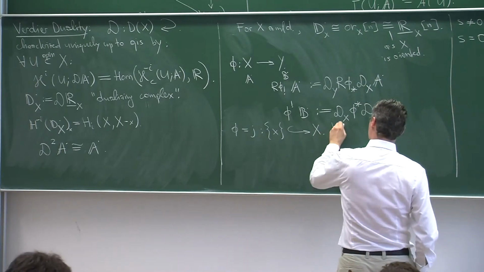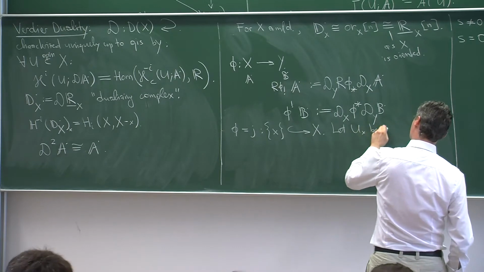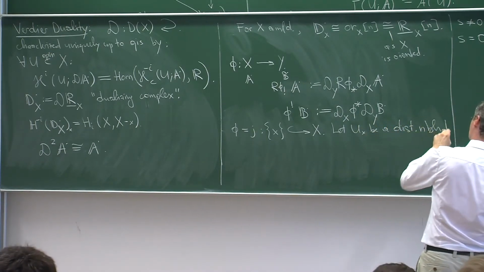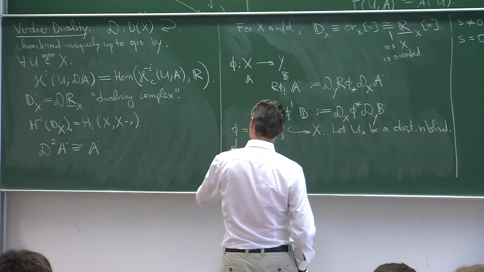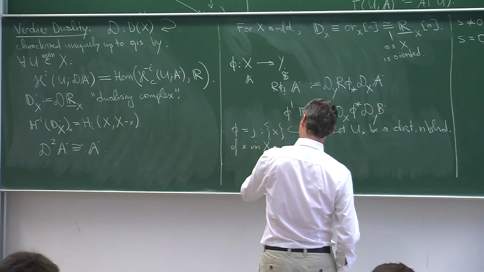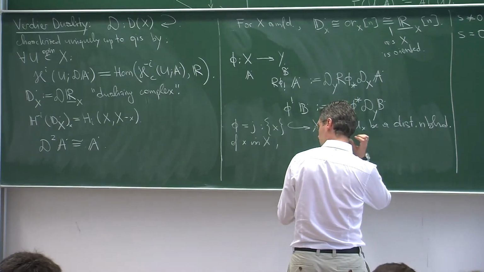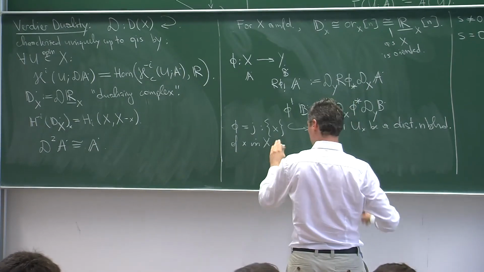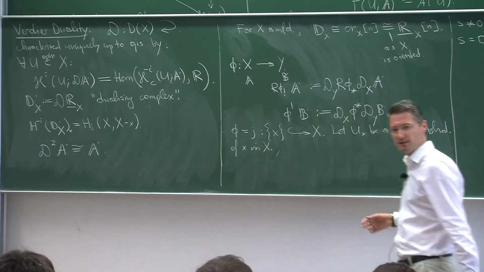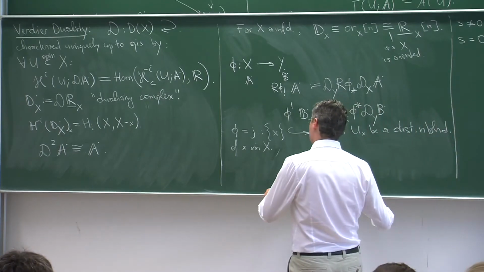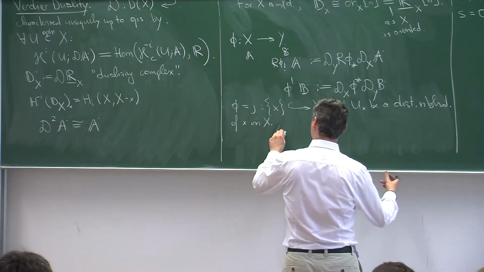So let Ux be a distinguished neighborhood of X in X. Recall what this means; you know what that means. So it's Euclidean in the direction along the stratum, cross the cone on the link. And then you can compute as follows.